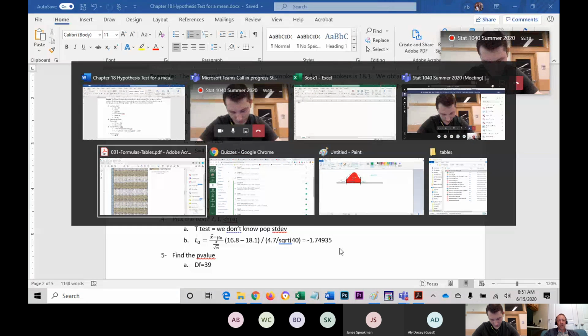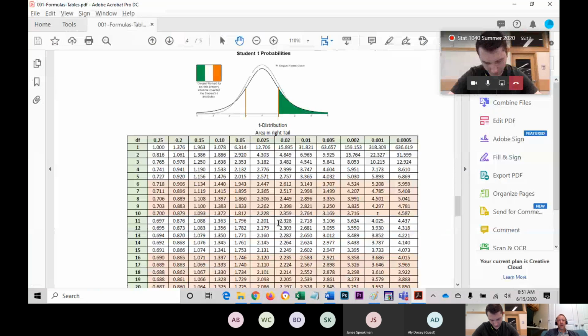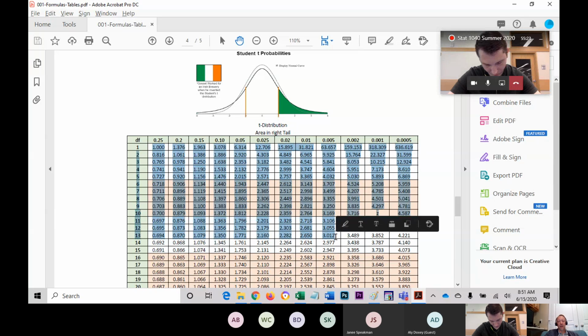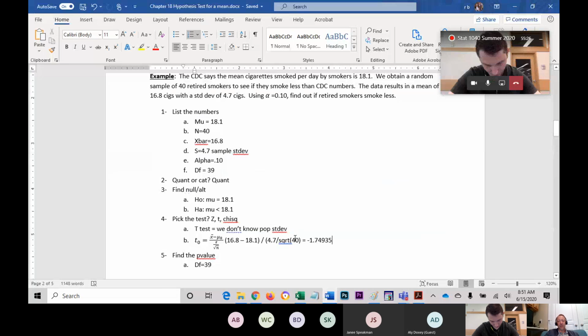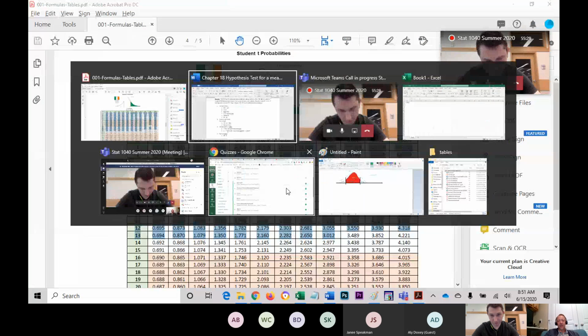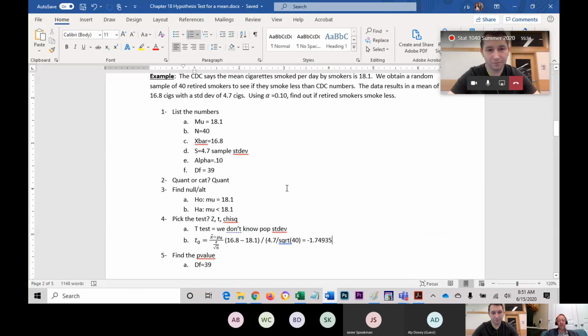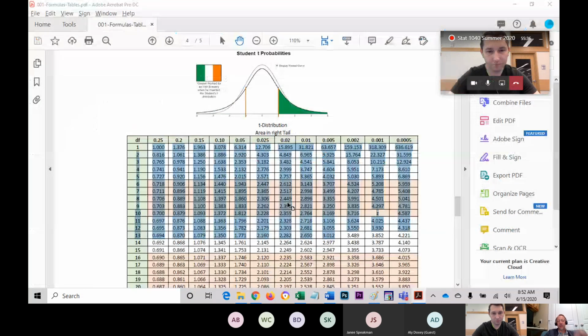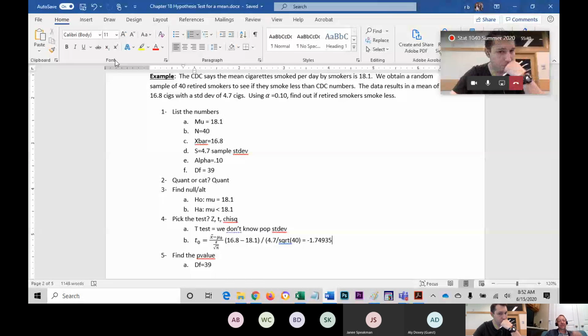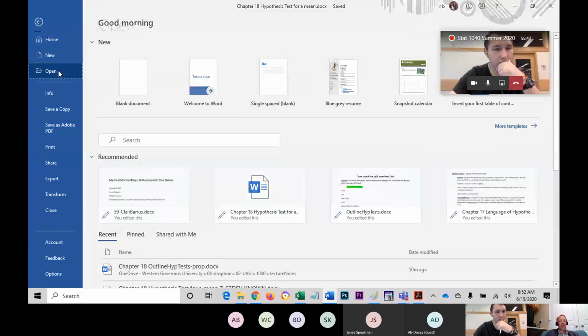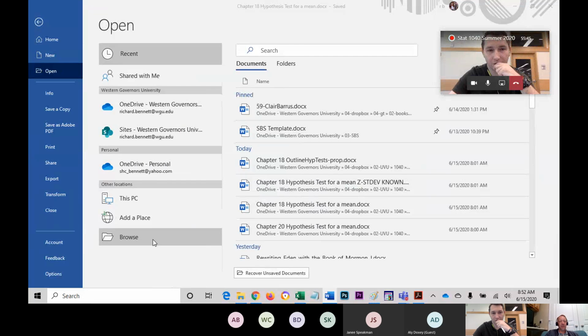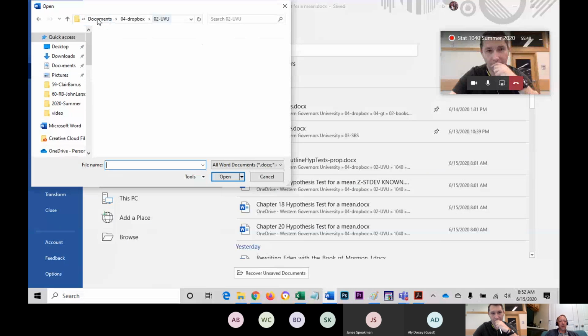So if we've got our chart here, now this time we're using a t-distribution. One of the things you'll notice here is these values are always positive, and we got a negative value. Well, the nice thing about the t-distribution is that it is symmetric. I need to add something on here because I probably should have told you about some of this stuff sooner. I know I do it in my 2040 class.